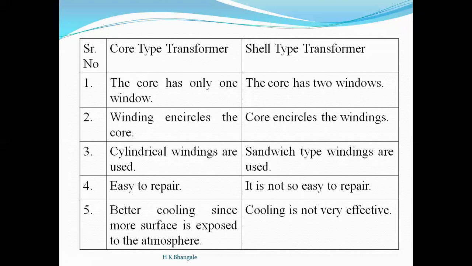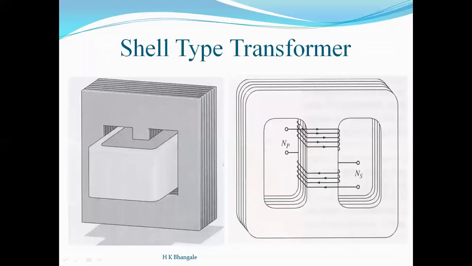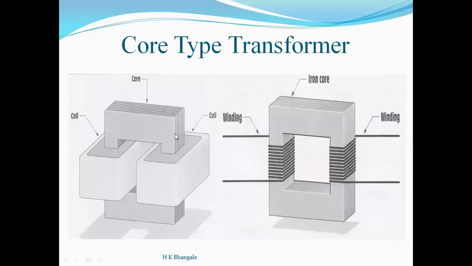Then, winding encircles the core in core type transformer, while in shell type of transformer, the core encircles the winding. Here the core is encircled by the winding, while here the winding encircles the core.